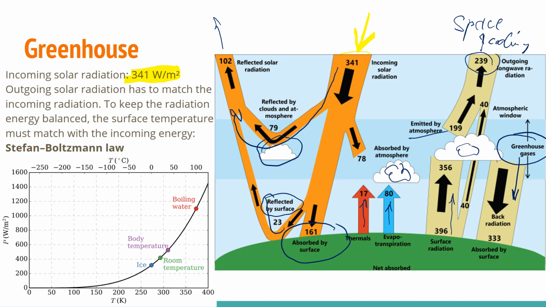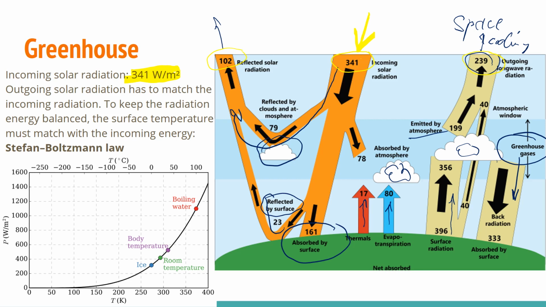We have 341 coming in, 120 is directly reflected, so we have finally 239 that is not reflected, that is radiated into the space by the thermal radiation.